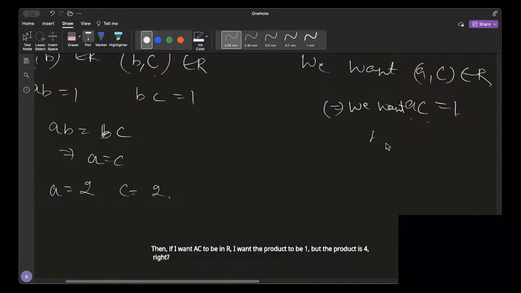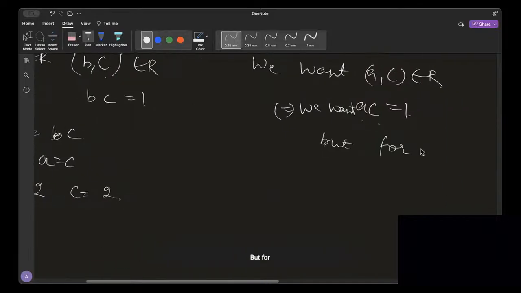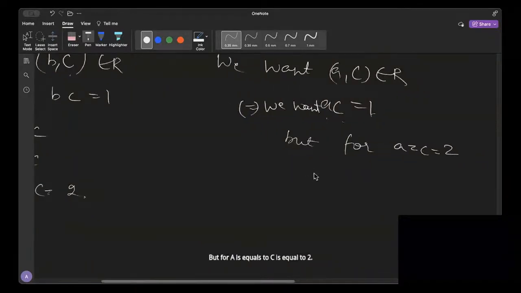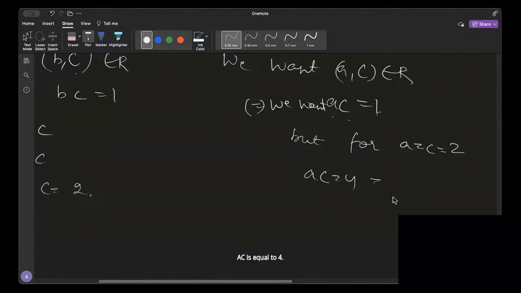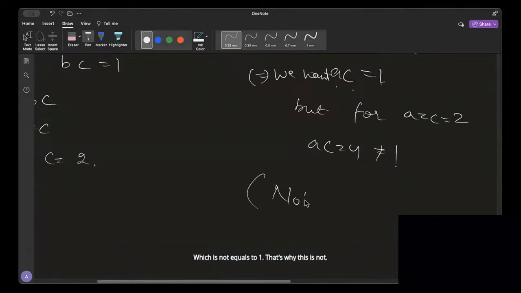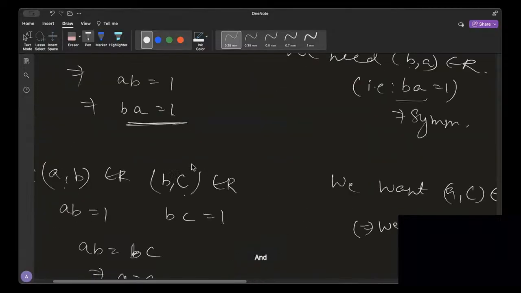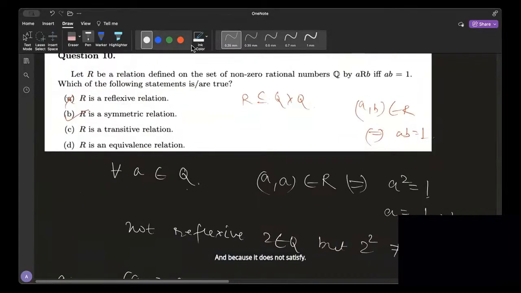So for A equal to C equal to 2, AC equals 4, which is not equal to 1. That's why this is not transitive. Only symmetric. And because it does not satisfy these two, it's not an equivalence relation either.